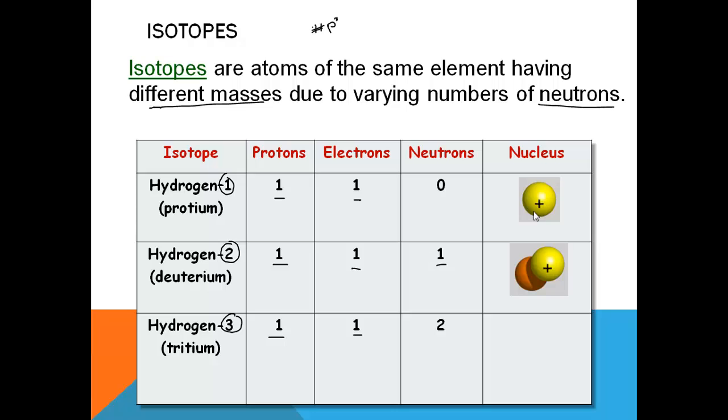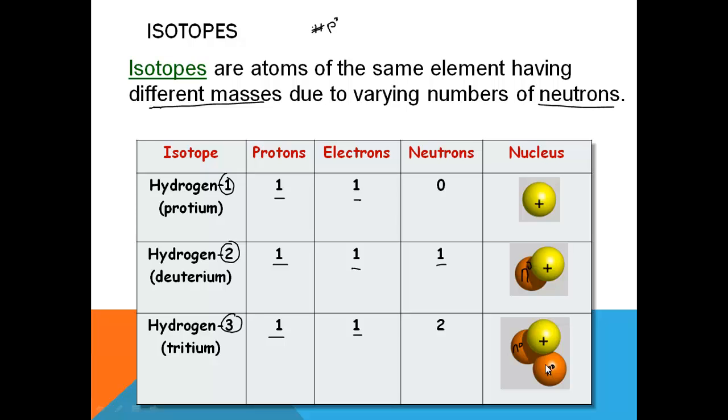So our nucleus has 1 proton and 1 neutron. Tritium, hydrogen-3, still has 1 proton, and the mass number is 3. That tells us there are 2 neutrons. So the nucleus has 1 proton and 2 neutral subatomic particles, giving it 3 particles in its nucleus and a mass of 3.